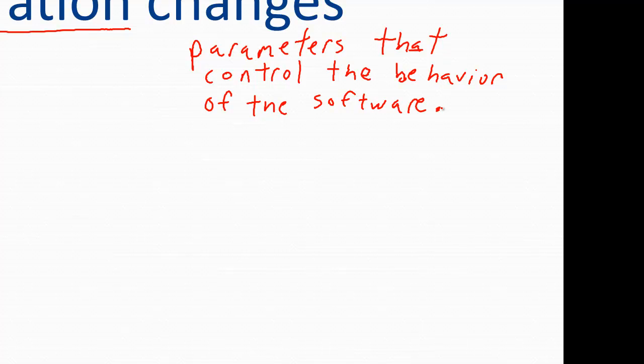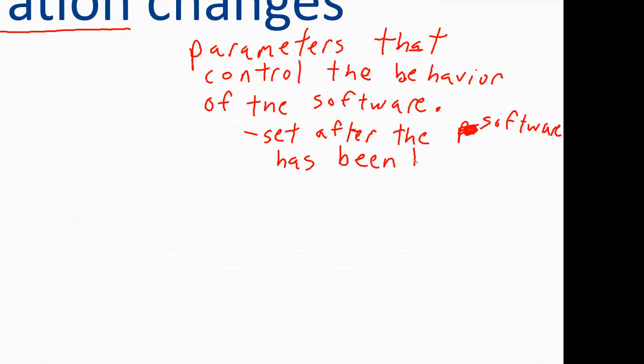Now, there's another thing. The parameters that control the software can be set or changed after the software has been built. Okay? That's what we mean by configuration.